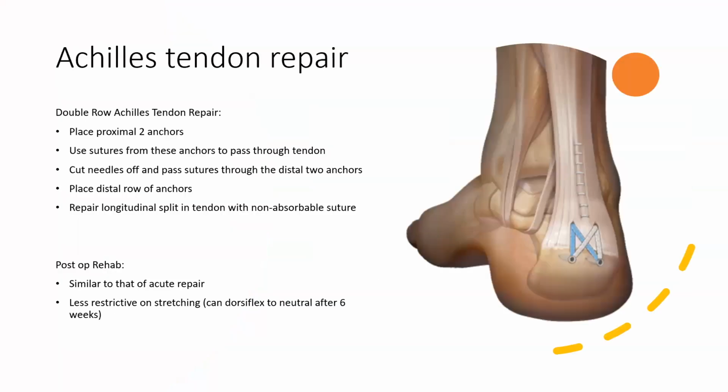This is what the Achilles tendon repair typically looks like. We use 4 anchors and create kind of a suspension bridge or a double row repair to fix that Achilles back down to its footprint on the calcaneus.